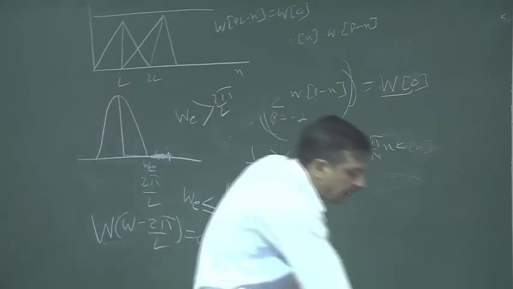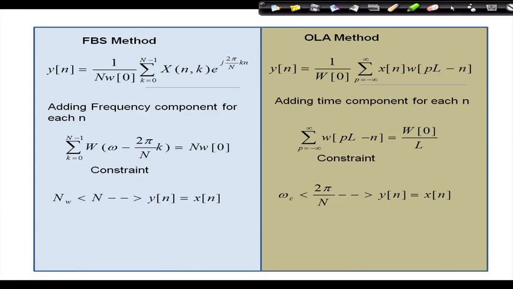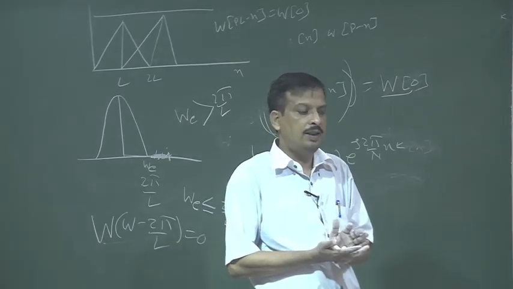So, if I summarize the FBS method, the constraint defines that the length of the analysis window must be less than the number of analysis channels, and the OLA method defines a constant that omega c, the bandwidth of the analysis window, must be less than 2 pi by n.